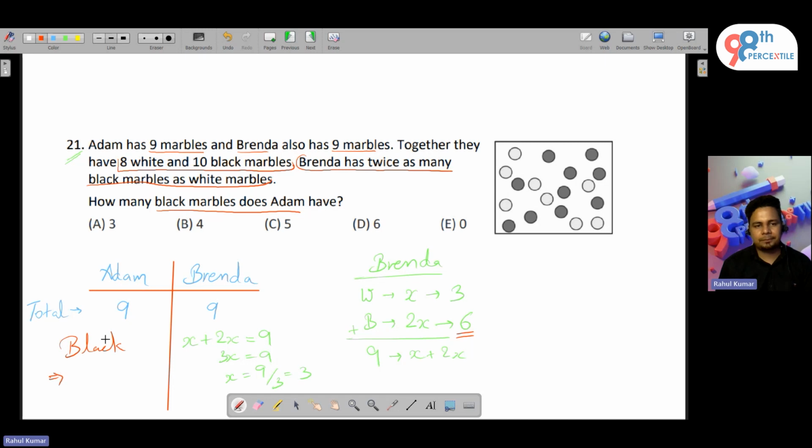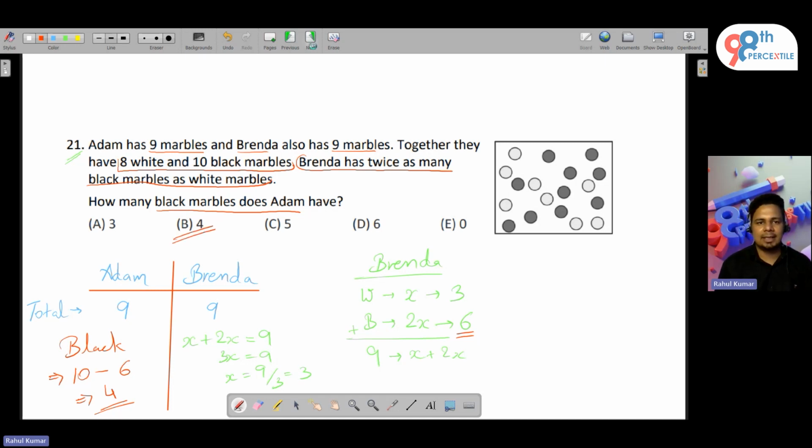It would be the total number of black marbles, which is 10, minus the black marbles Brenda has, which is 6. So 10 minus 6 is 4. It means Adam has 4 black marbles. So option B, 4, is correct.